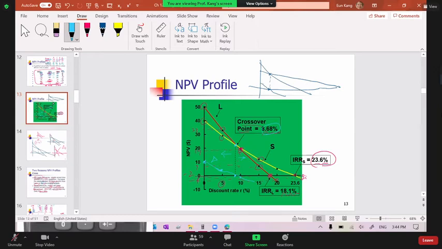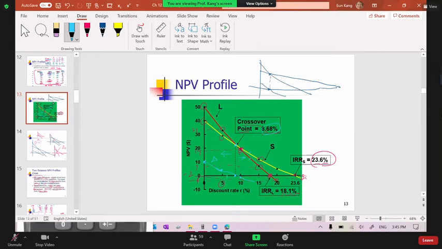Why? Because, let me ask you, according to IRR, which project would you choose? S. Check. No matter what, you have to choose S. So if your cost of capital is greater than 8.68%, then what? No conflict. You will choose S over L. But let's say your cost of capital is 7%, then what would you choose according to the net present value rule?